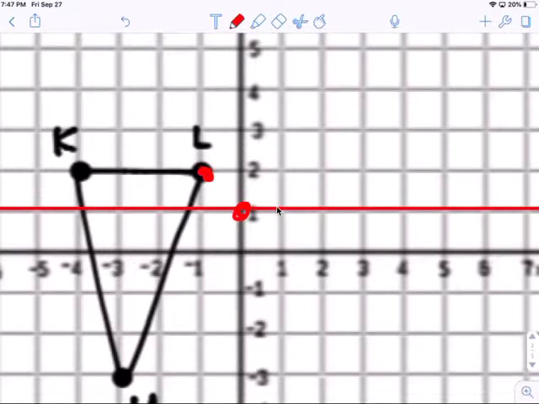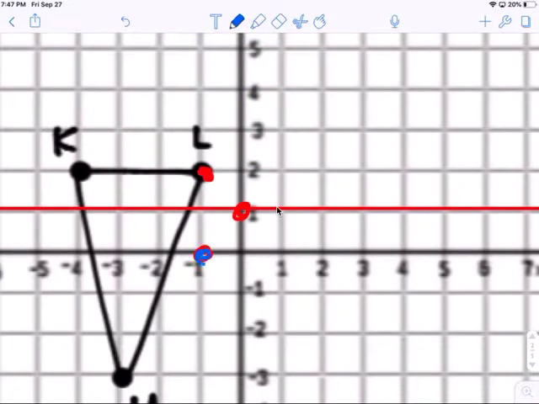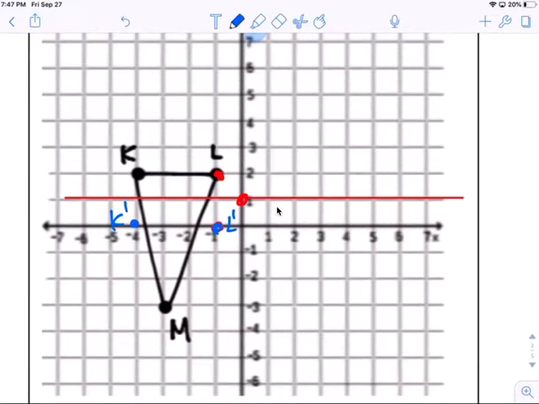L is 1 away, so L prime is over here. K is 1 away. K prime is over here. M though, M is over here, so it's going this way towards there, so M reflection is on this side.